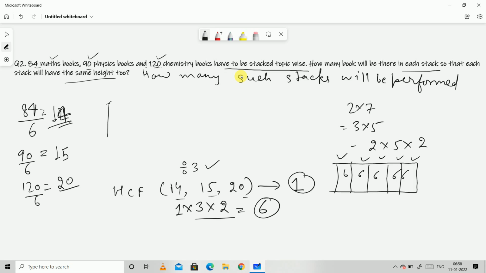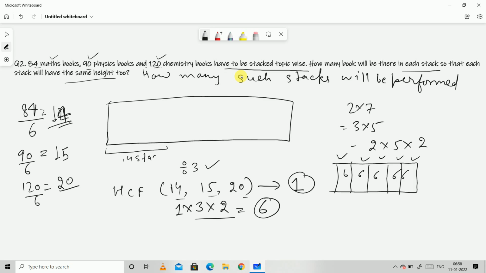If this is my almirah, okay, then there will be 14 stacks of maths books. Okay, each stack is going to have 6 books. Okay, 6 books in each stack, here 6, here 6, and so on like this. There will be 14 stacks of 6 books of maths.